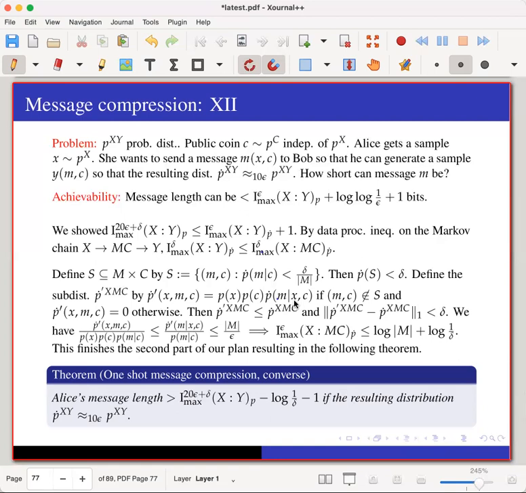Now, because I've just zeroed out some things, P dot prime is dominated by P dot, and the L1 distance between them is at most delta. That's because of this. So now we can look at the ratio. Remember, we have to evaluate our Imax delta quantity with respect to P dot. For the numerator, I'm using P dot prime.